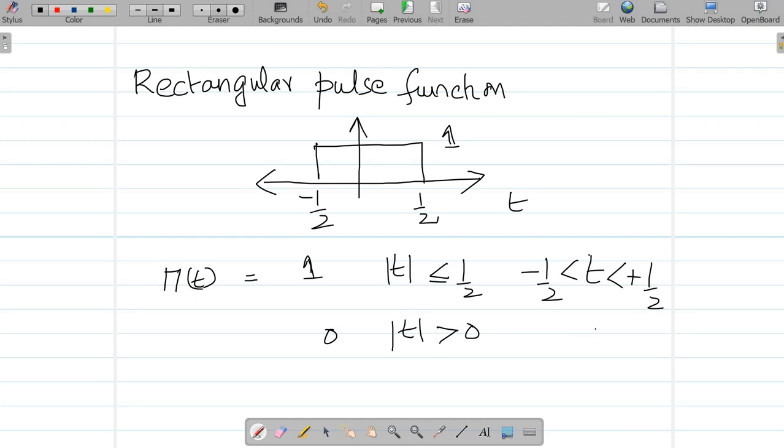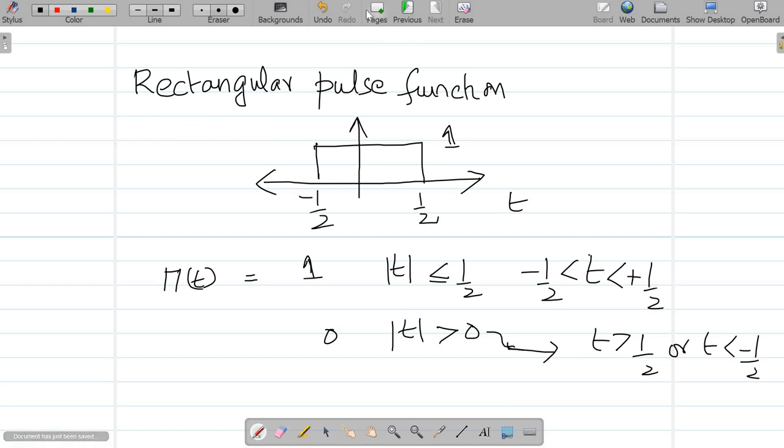When t is greater than half or less than negative half, we have the value 0. So this is the rectangular pulse function.